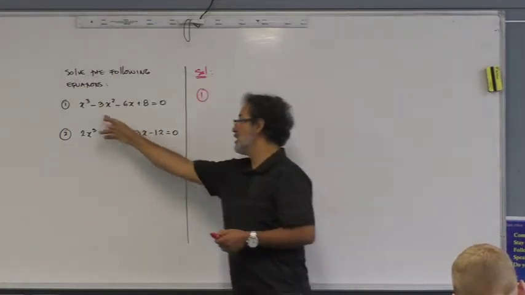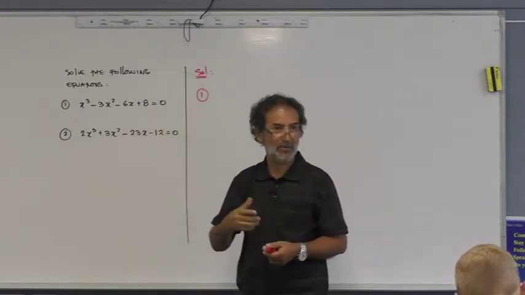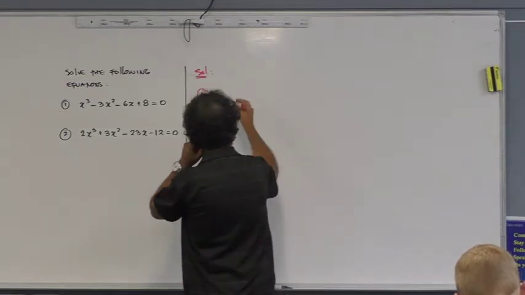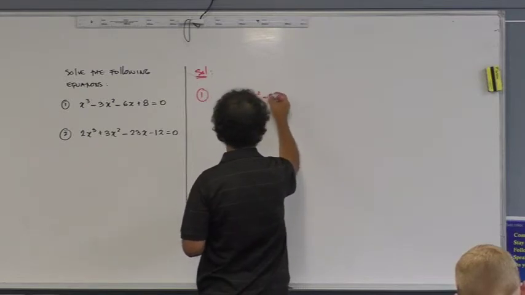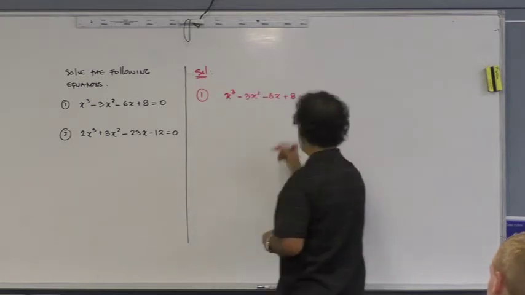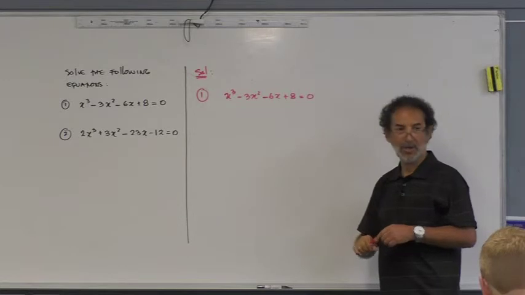If we can find the factors of this, then we can find the zeros, which are the answer for this problem. So x cubed minus 3x squared minus 6x plus 8 equals 0. Then you find the factors of 8, and you tell me which one works.